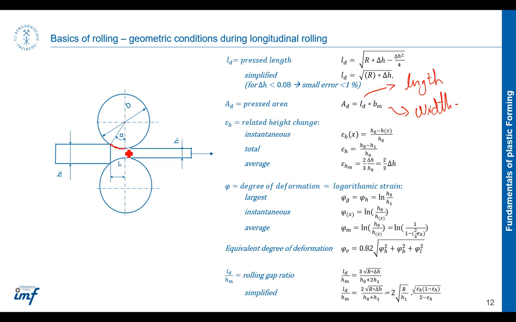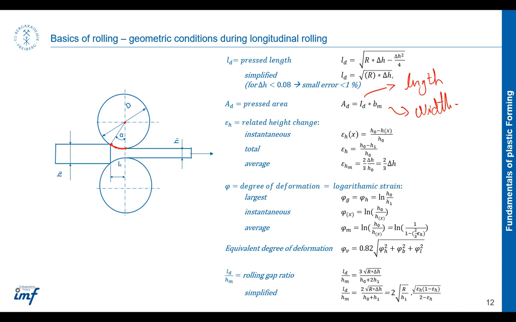And then this angle from the middle of the roll to the initial arc and the final arc length, we are calling this grab angle. So this is what grab means in this context. I hope it is clarified.